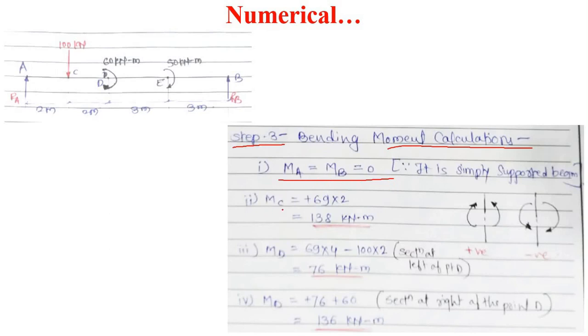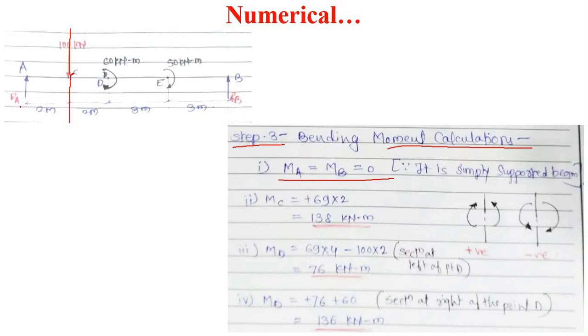After this, calculate the bending moment at point C, then points D and E. So take a section at point C and consider the left side of the beam. Bending moment at point C: RA will try to rotate in clockwise direction at the left side of this section, so it will be plus.